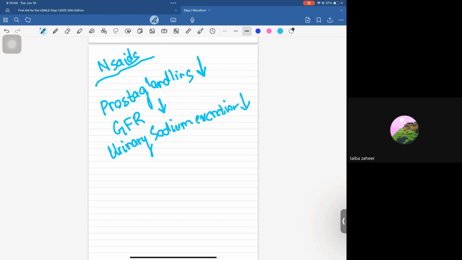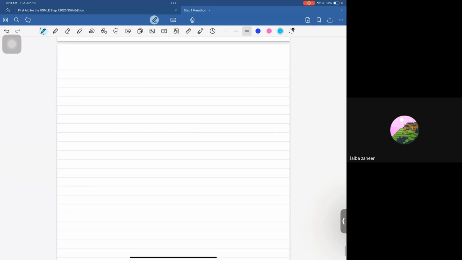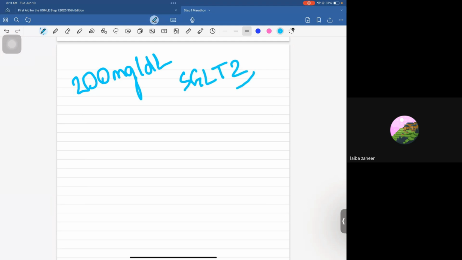Okay, so now we were at the pregnancy part, right? Whenever there is pregnancy, the GFR is going to increase. When the GFR increases in pregnancy, a lot more of the blood is going to be filtered, right? Normally at 200 milligrams per deciliter, the SGLT2 transporters were saturated.